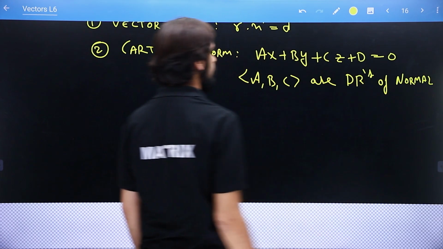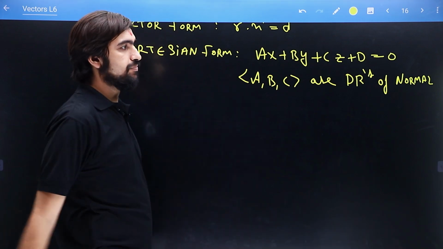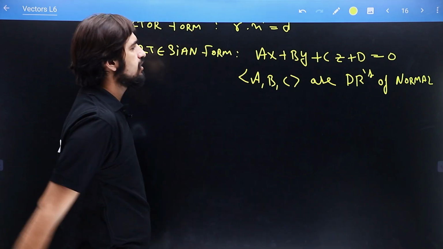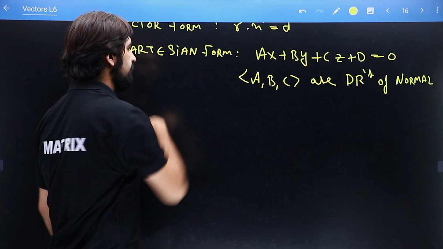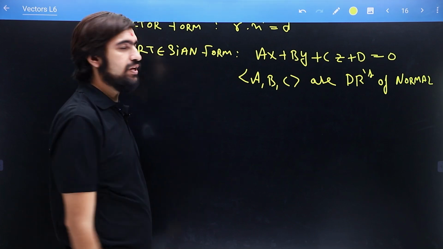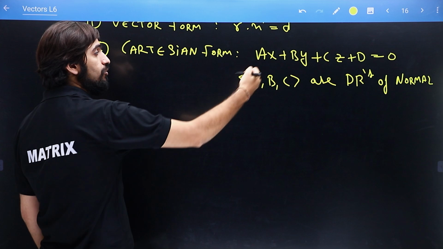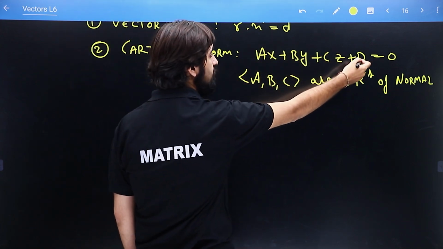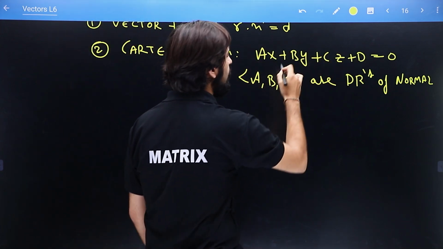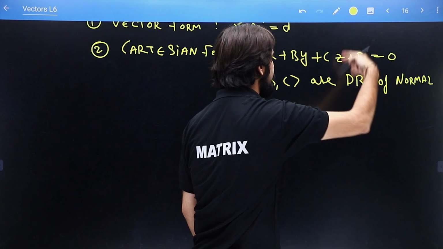Sometimes what happens? We are not given DRs, or let's say we are given DRs, but we have to find the equation of plane. So how are you going to find the value of d? One point is also given, x1, y1, z1. So you will put x1, y1, z1. The value of d will be minus ax1 minus by1 minus cz1.